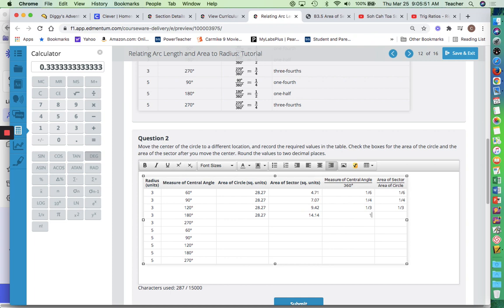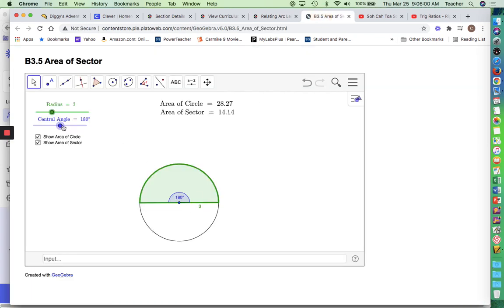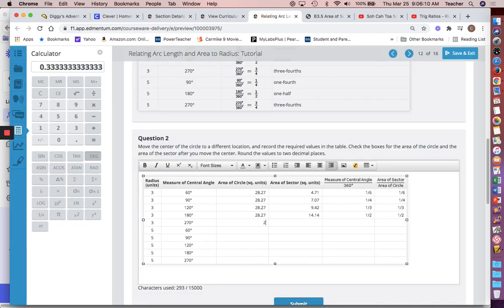We already know that's going to be a half from the previous problem. 270, we already know that's going to be a 3/4. All right, 28.27 stayed the same because the radius didn't change, and 21.21. That's 3/4 from the previous problem.